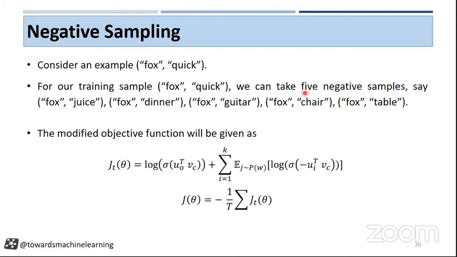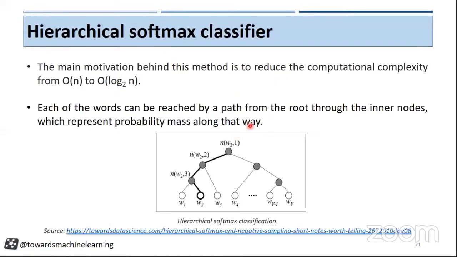You perform this loss function on your entire data set, calculate your loss, do the back propagation and update your word vectors. So we are avoiding the sum over 10,000 words.